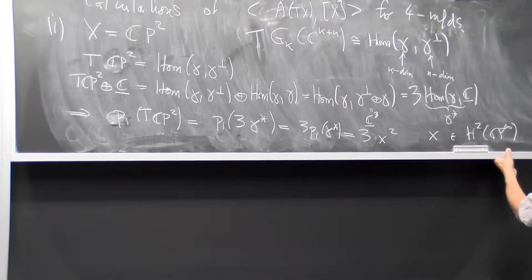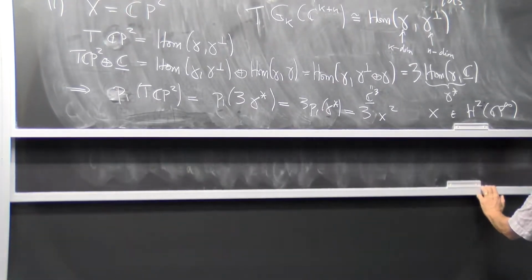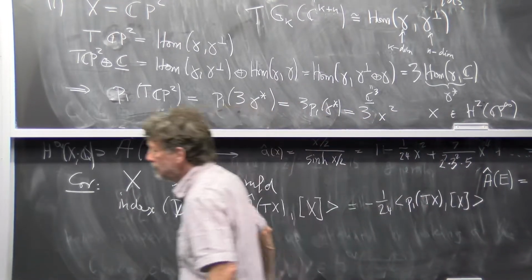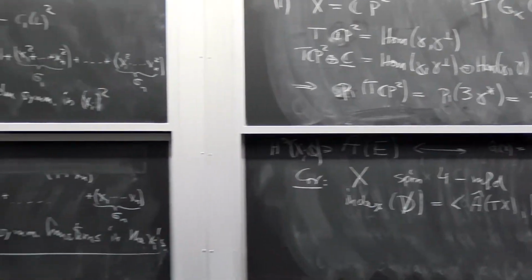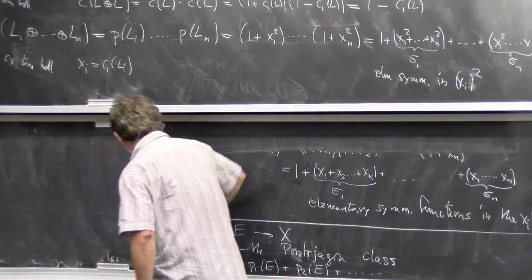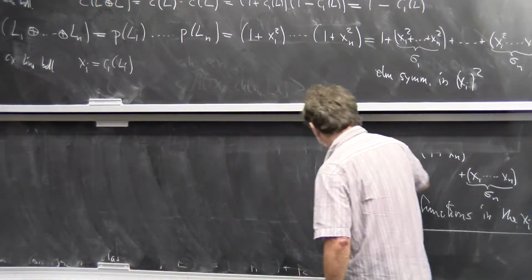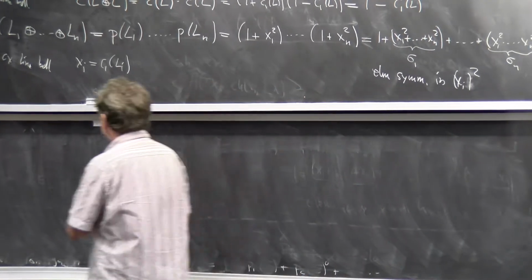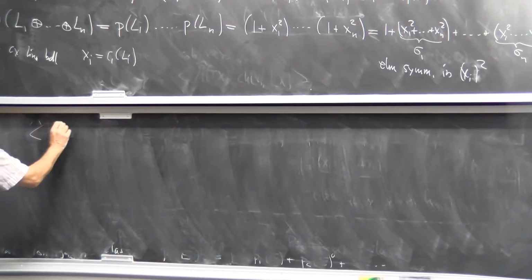So what is that saying? Maybe I should write over on this side now. What is that saying for the A-roof genus? That is the evaluation of the A-roof class on the fundamental class.